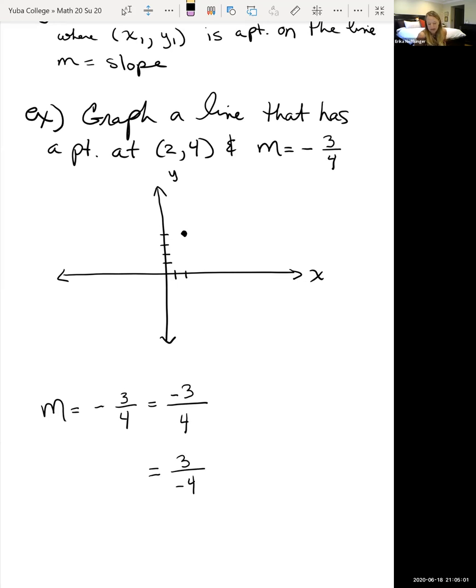We can't put the negative in both places because that would make it a positive number, but choose one of them. So this one, when we first did negative 3 in the numerator, this would be telling me to fall 3 places. And this 4 is telling me to run, and it's positive, so go 4 places to the right.